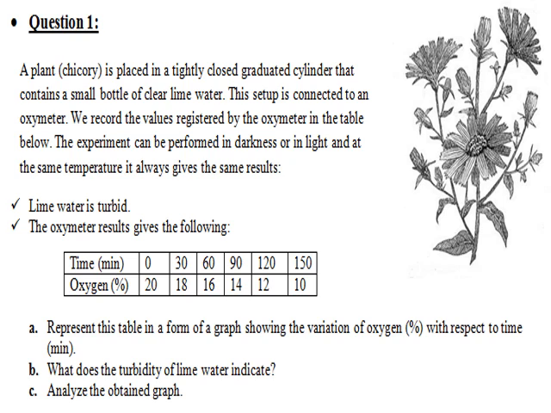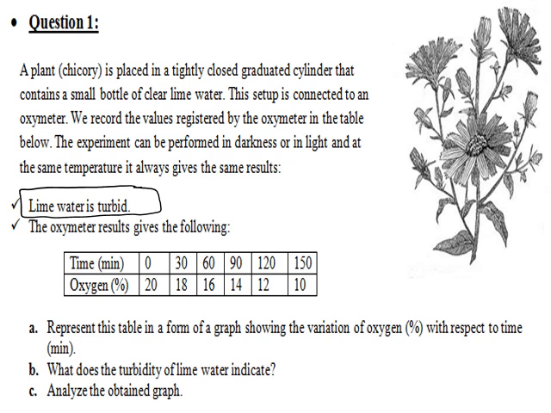We record the values registered by the oximeter in the table below. This experiment can be performed in darkness or in light, and at the same temperature, it always gives the same result. We have a note here that the lime water is turbid. Turbidity of lime water indicates the presence of carbon dioxide.